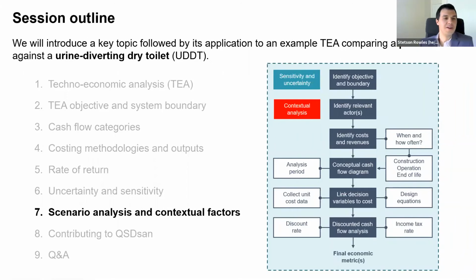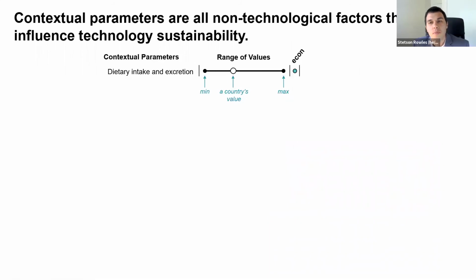So now we'll be talking about scenario analysis and contextual factors and how these can change the results that you've seen so far. Contextual factors or parameters are non-technological factors that influence technology sustainability. You can see in this figure that dietary intake and excretion is our contextual parameter listed on the left, and it has a range of values.